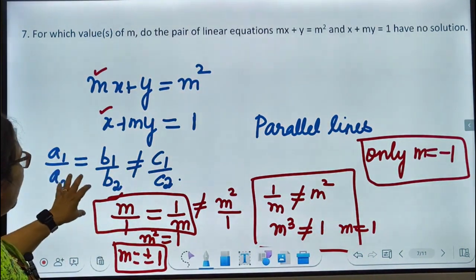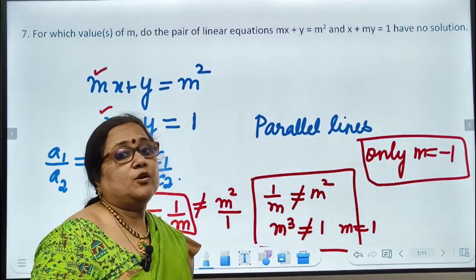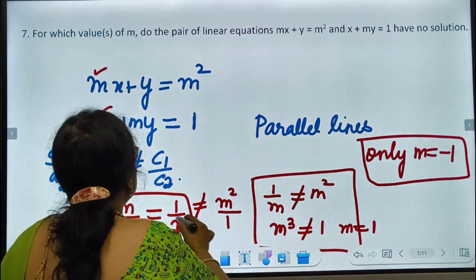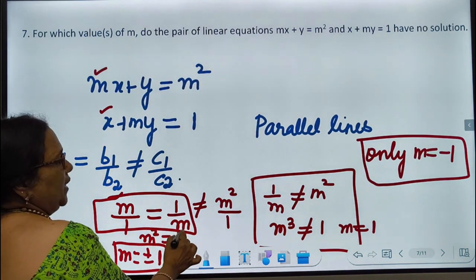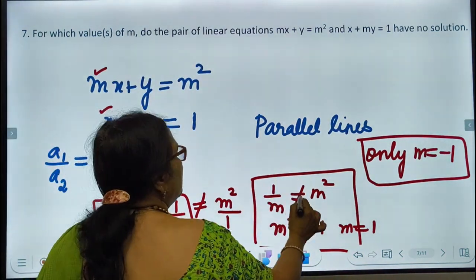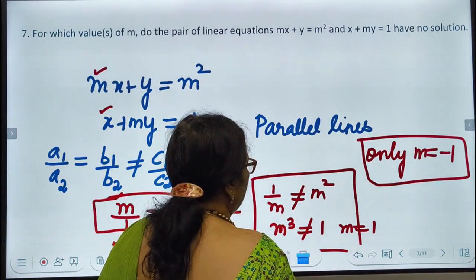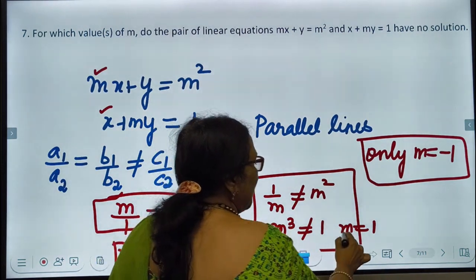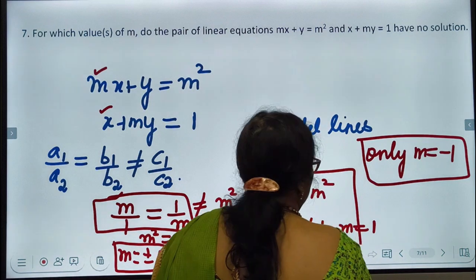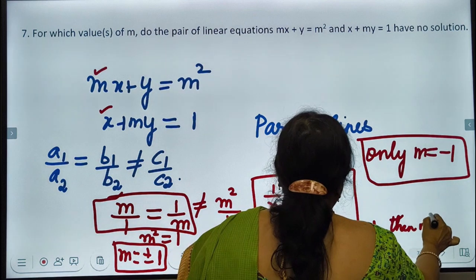Not only should A1 by A2 be equal to B1 by B2, but B1 by B2 should not be equal to C1 by C2. So what is B1 by B2? That is 1 by m is not equal to C1 by C2, which is m square by 1. So cross multiplying, what will I get? M cube should not be equal to 1. If m equal to 1, then m cube will be 1.